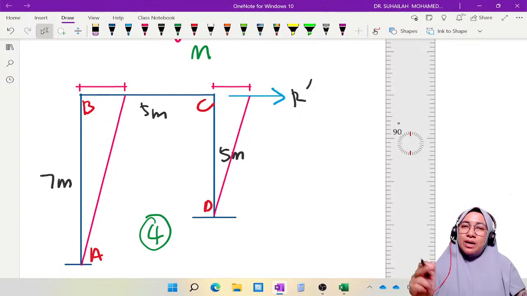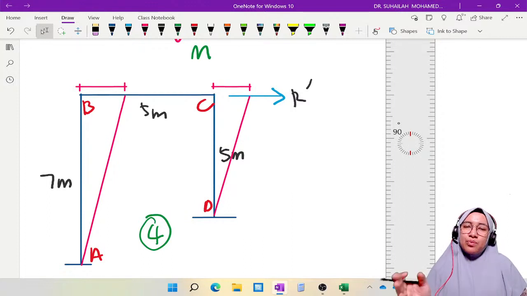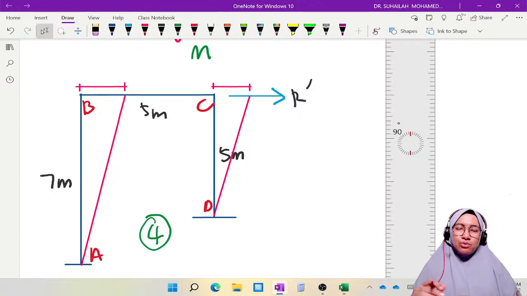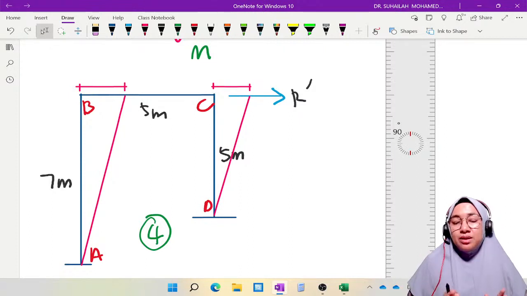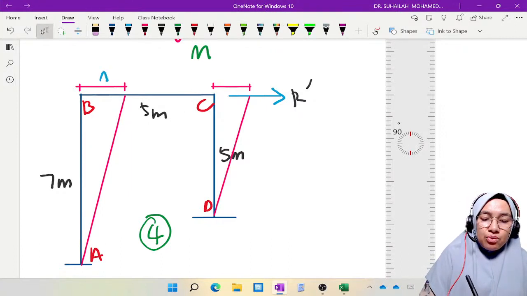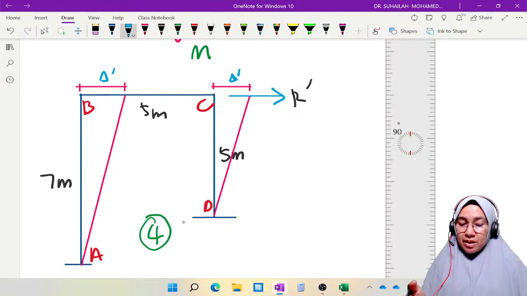So the moment we apply is in that direction, so that when the frame tends to sway to the right direction, we apply a moment to counter back, so that it will bring back the frame to its original straight position. So we have here, due to R prime we have delta prime.